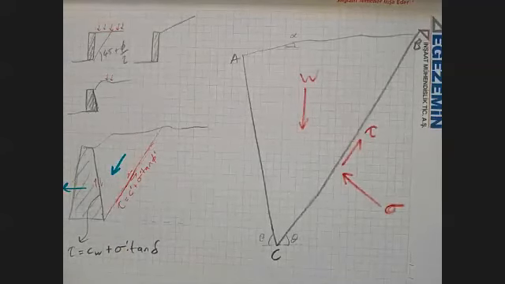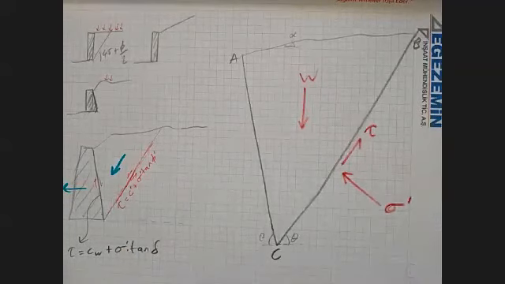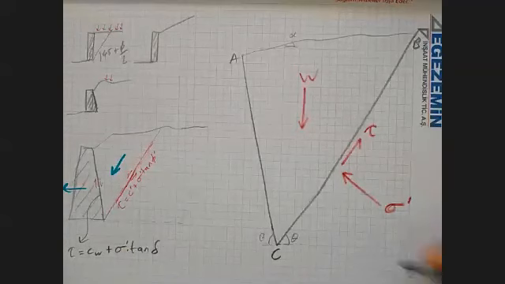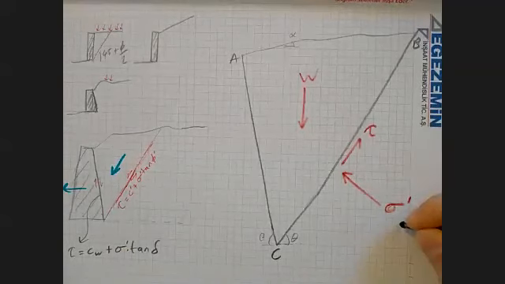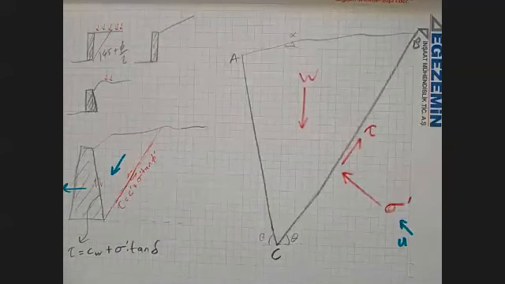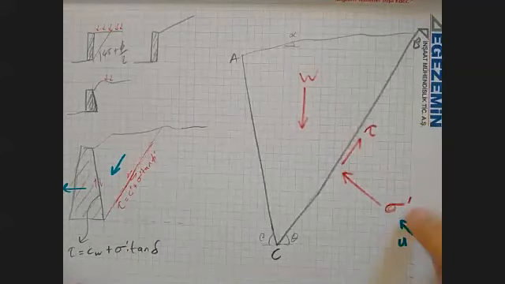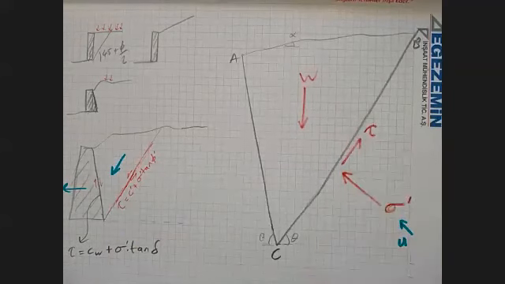So let's consider this, plus also maybe water pressures. So you can consider water pressure separately. So now I can relate tau to sigma in a much easier fashion.